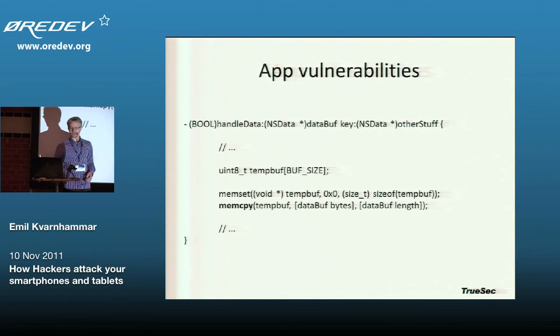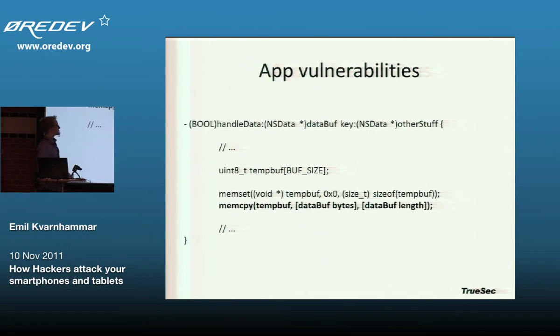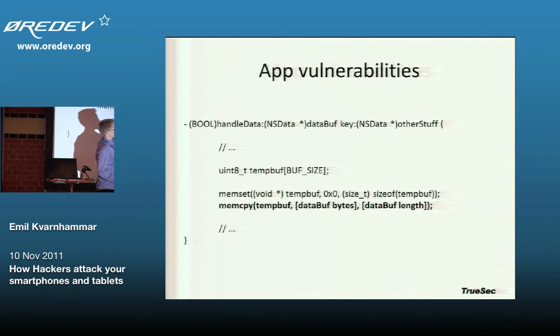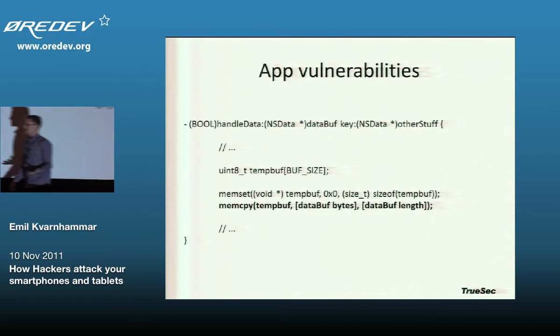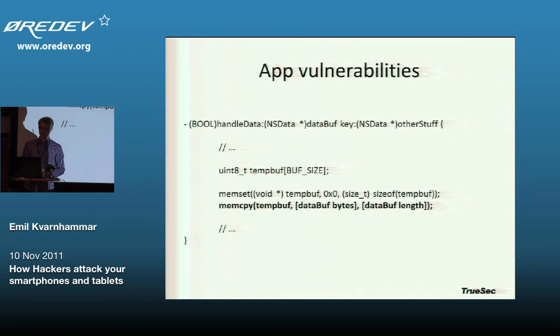That's absolutely correct. The problem is that this line of code relies on data buff being the same size or smaller than temp buff, and there is no way we can guarantee that, since data buff is being sent as an input to this function.